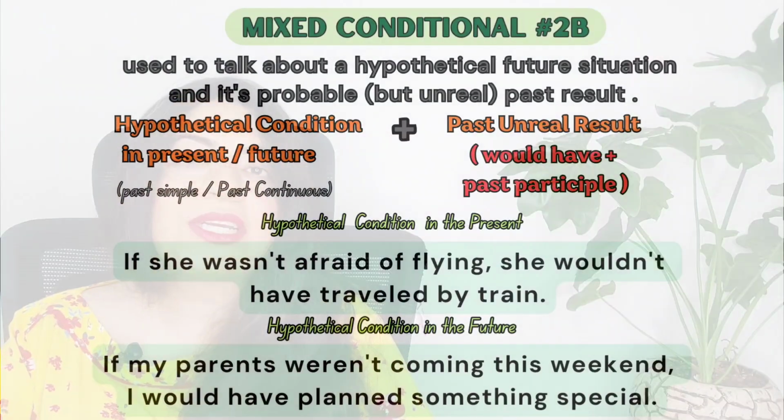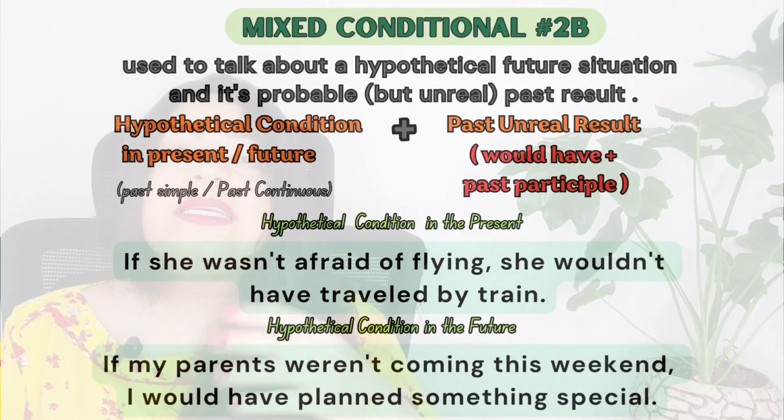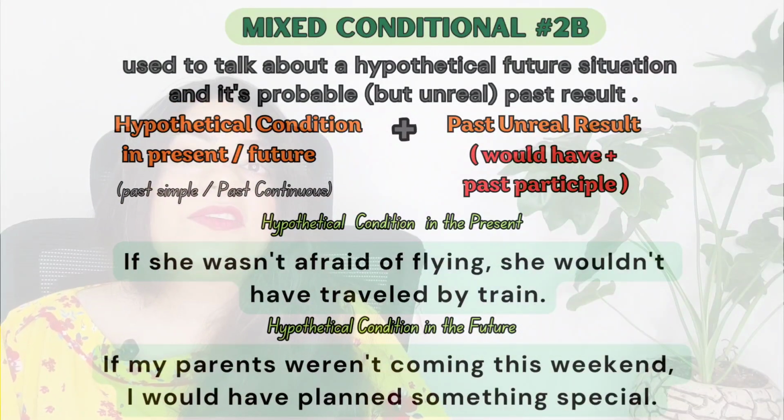So look at the sentence where the hypothetical condition is in the present. If she wasn't afraid of flying, she wouldn't have traveled by train. That condition in the present, to be afraid of something, is a stative verb. I'm not gonna change this and provide a hypothetical future condition.